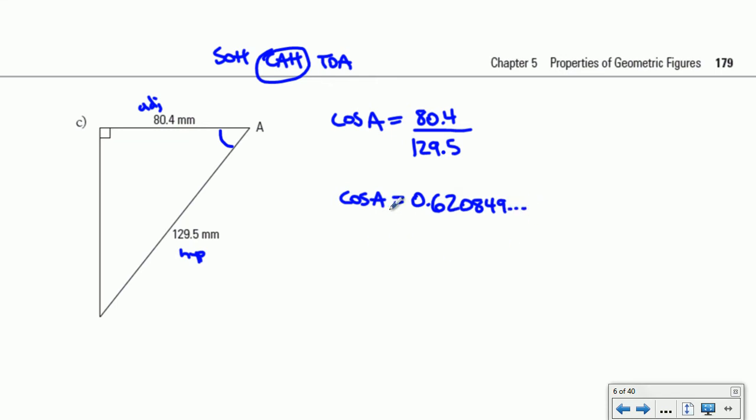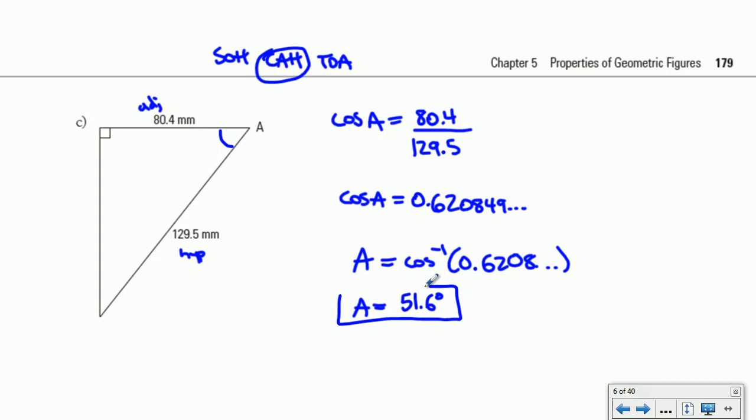Okay, we need to take cos inverse of this number in order to figure out what A is. So cos inverse of 0.6208, and so on. So second cos, 51.6. Alright, so that's the assignment done from yesterday.